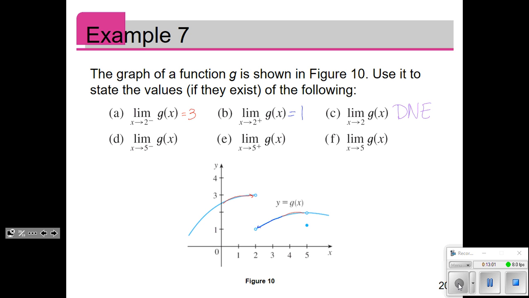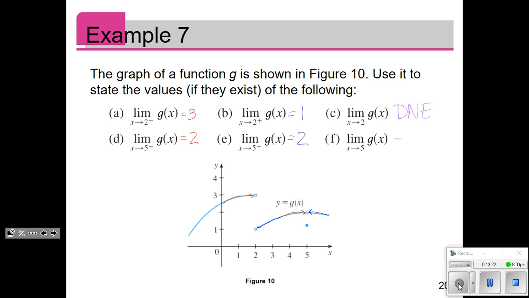From the left, what is that? 2. Are we okay with that? From the right, approaching 5, also 2. So what's the limit of g of x as x approaches 5?